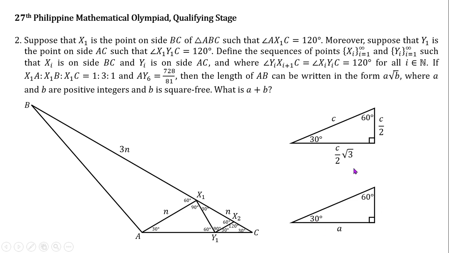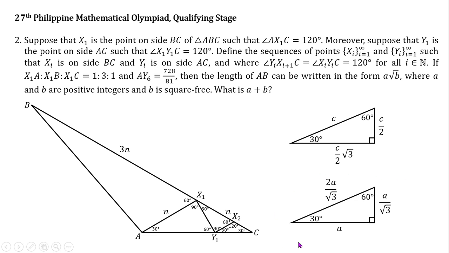Just do the reverse. Just divide a by the square root of 3, or equivalently, multiply a by 1 over the square root of 3. Okay? So this side must be a over the square root of 3. Now the hypotenuse must be twice this one, so the hypotenuse must be 2a over the square root of 3.